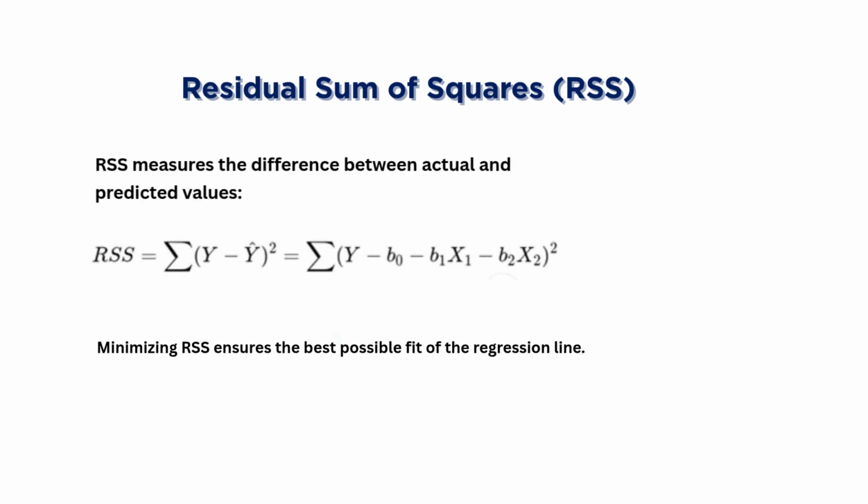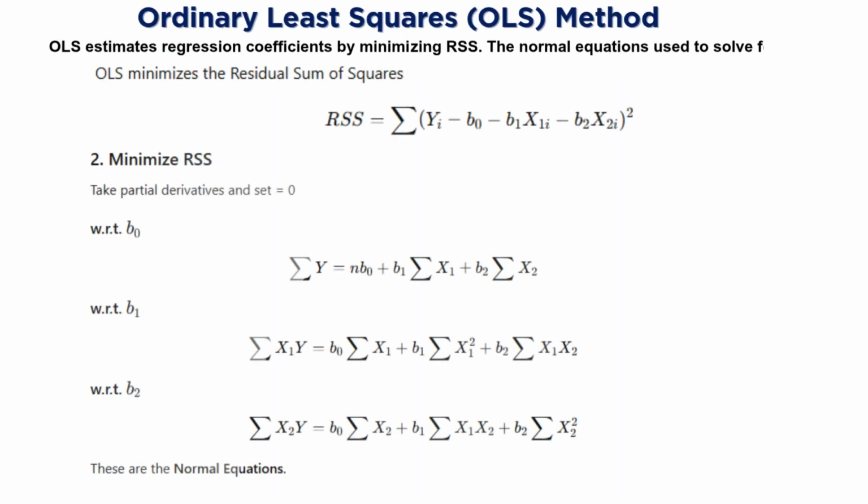Now we move to the next topic, OLS. OLS estimators estimate the regression coefficients by minimizing RSS. The normal equations are used to solve for beta naught, beta 1 and beta 2, that is b naught, b1 and b2.